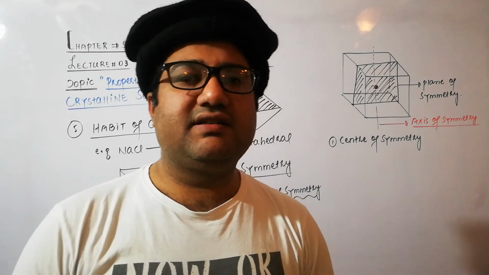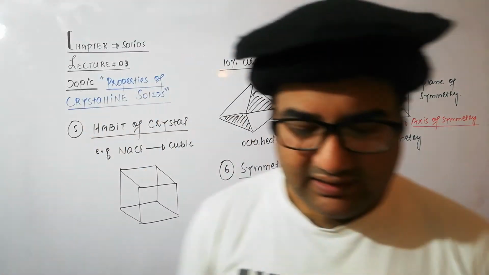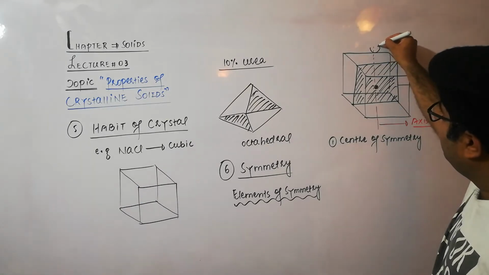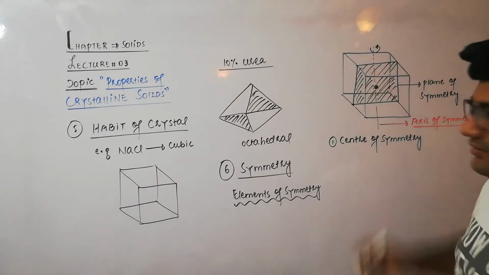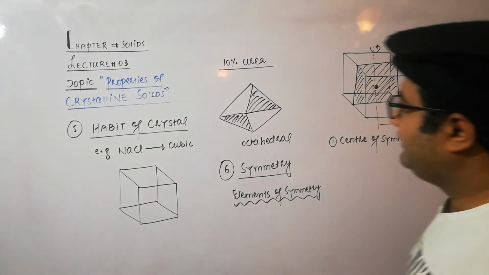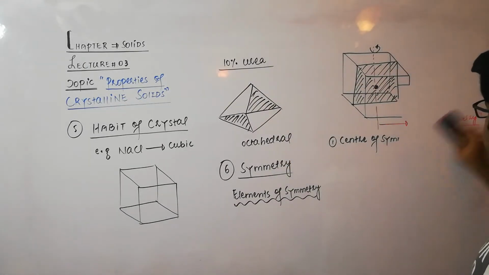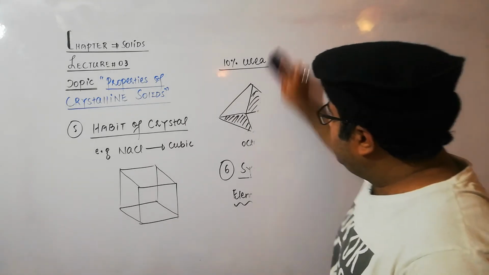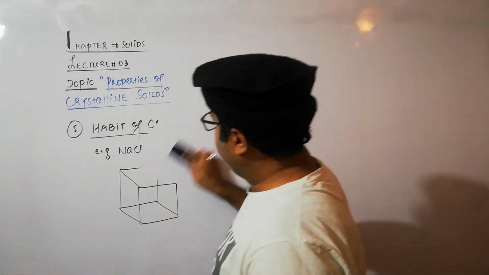These four characteristics are collectively called the elements of symmetry. And this one is the axis about which the crystal is being rotated, and it shows the repetition of the faces and angles. So this was the sixth property. Now let us move towards the next one.